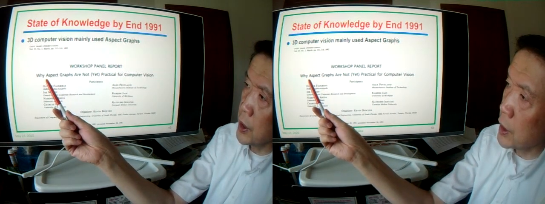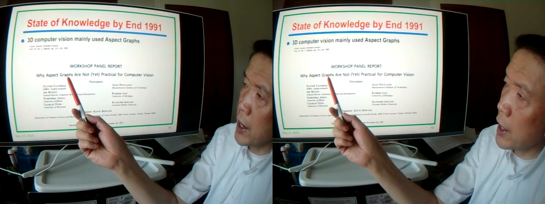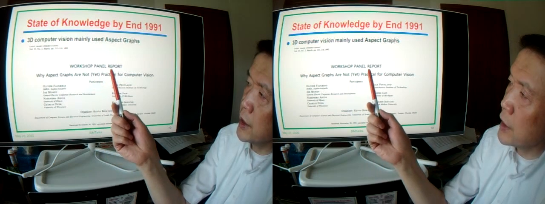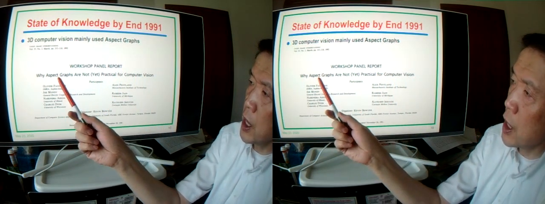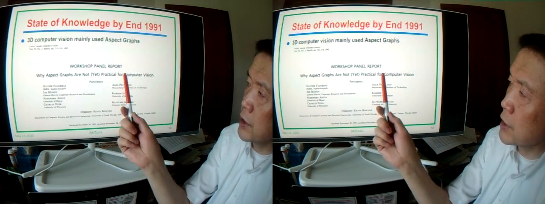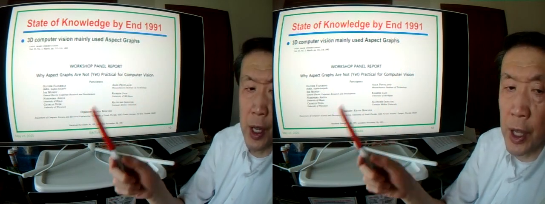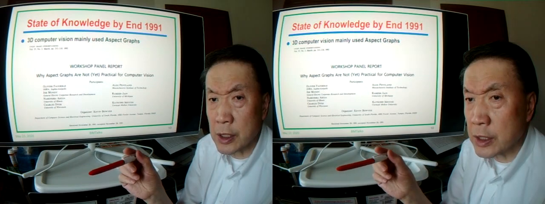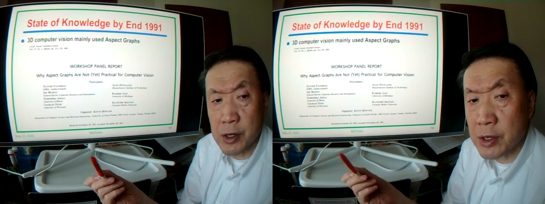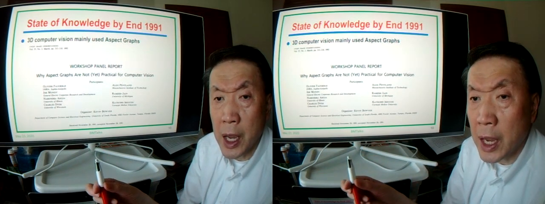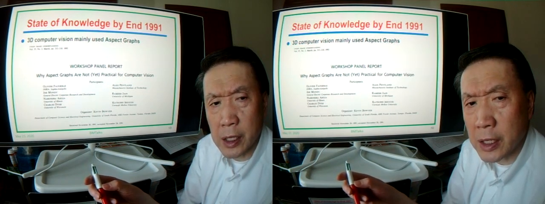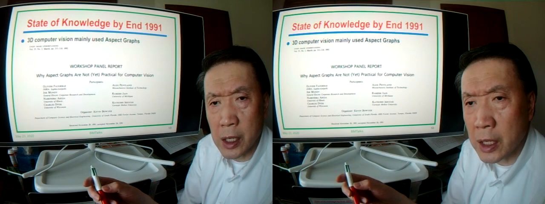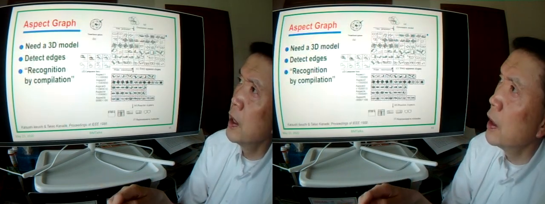The title is Why Aspect Graphs Are Not Yet Practical for Computer Vision. Somebody thought they are not practical for computer vision at all. So you can see the aspect graph was a major technique at that time, and some people thought it's not practical, and somebody thought not yet practical.